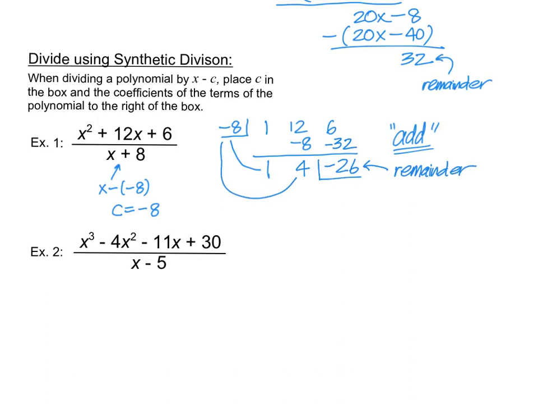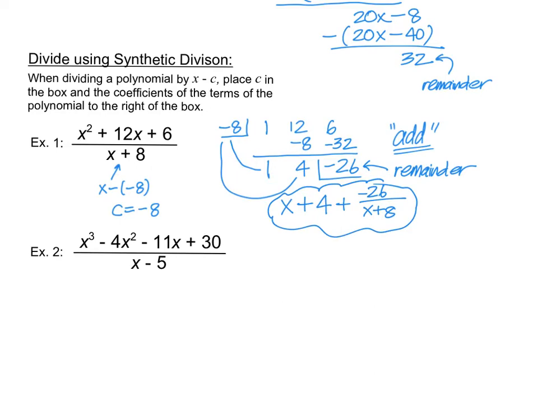And 1 and 4 are the coefficients of the quotient. Now, if I'm doing x squared divided by x, then the quotient should be degree 1. So then this 1 and 4 is 1x plus 4. And then you have your remainder over your divisor. Okay?